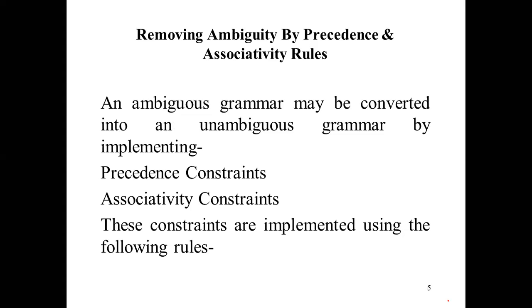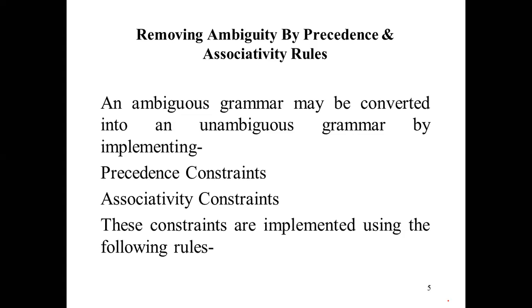These are a few rules we have already used in mathematics too, because we have knowledge regarding what the associativity rules are. Precedence: an ambiguous grammar may be converted into an unambiguous grammar by implementing precedence constants.